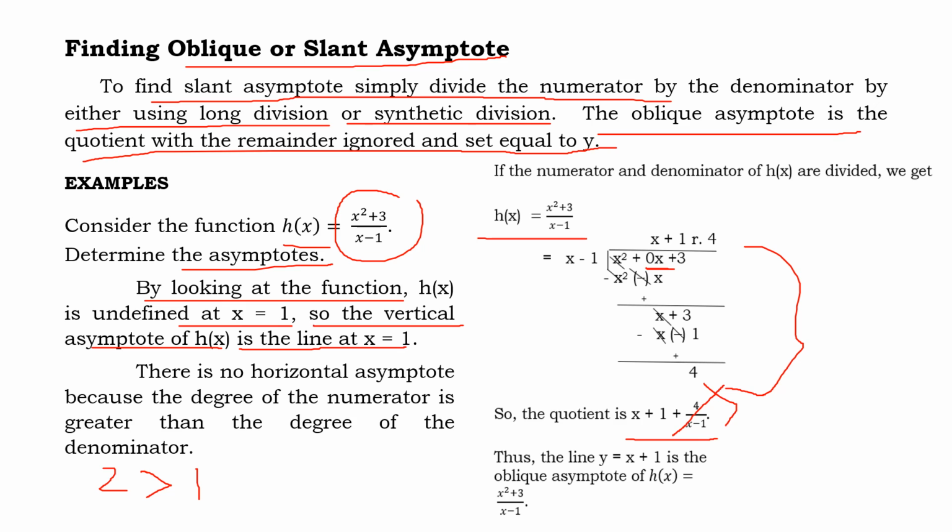A while ago we said that we're going to ignore the remainder, so we just simply adopt this portion, x plus 1. So y now is equal to x plus 1. This will be the equation of a line that will represent your slant or oblique asymptote.